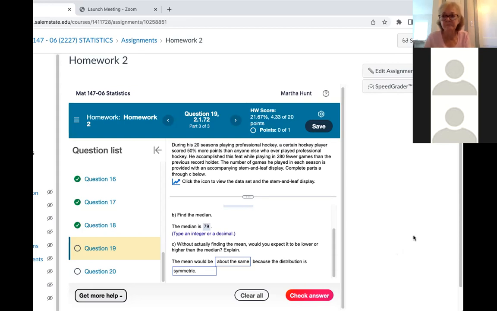I just had a quick question. Sure. So I was wondering, are the exams the same format as the homework? They are the same format. I have a review for exam 1 that will show you exactly what the format is. Some of them are fill in the blank, some of them are drop down menus.